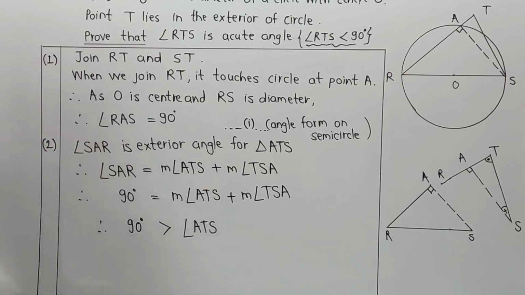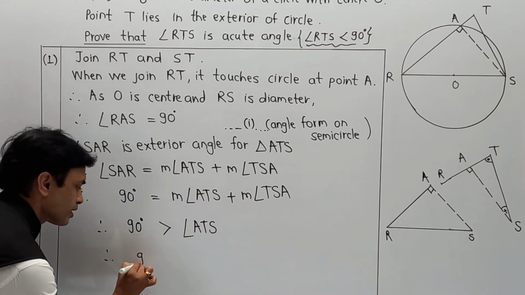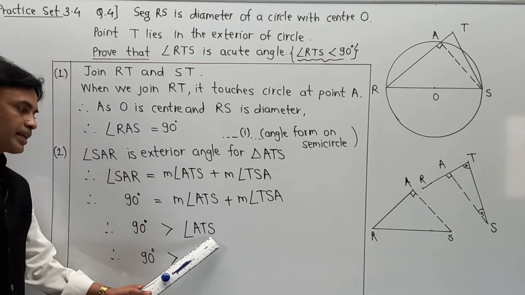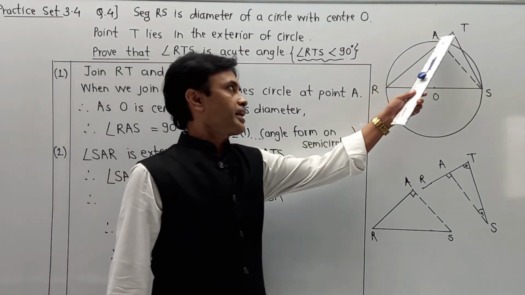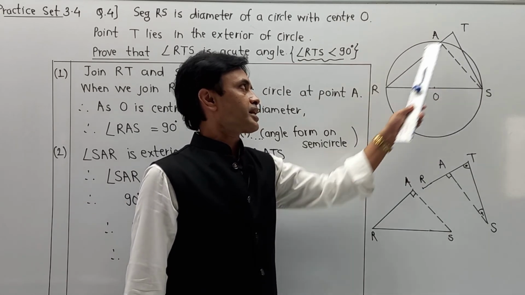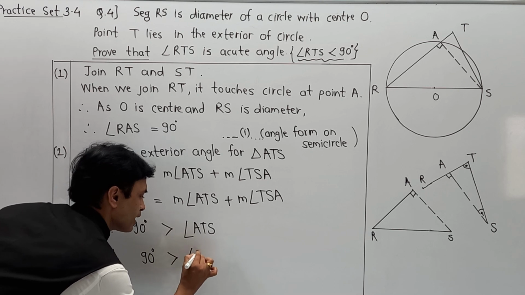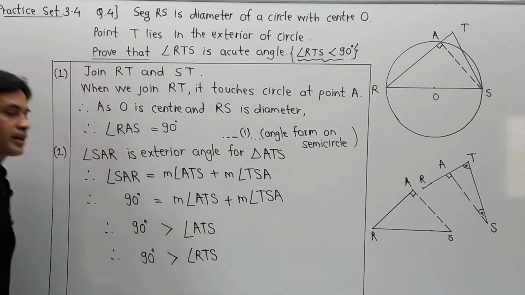Now I am going to make a modification of ATS. Therefore 90 degrees is greater than ATS. Instead of writing ATS, I'm going to write RTS. Angle RTS.